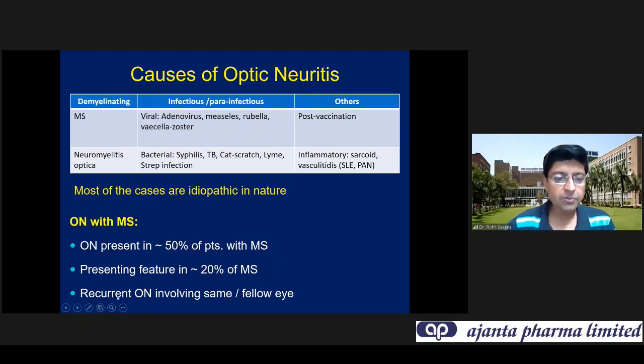And multiple sclerosis patients would tend to have recurrent optic neuritis involving the same or the fellow eye. So showing that the disease is not just one episode, but it's a progressive disease that can keep occurring, having a remission period and then relapsing again. And that's how the disease process will continue.